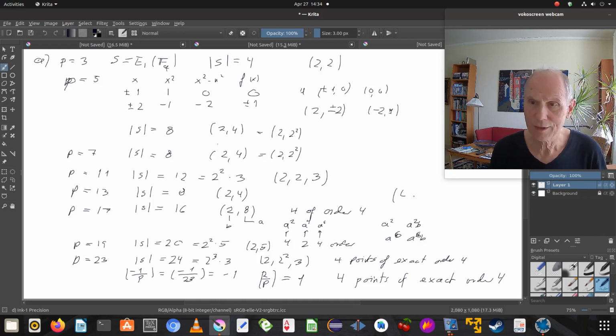I will write it the right way. That would give us 4 elements of exact order 2 and 16 elements of order 4. That must be it. Simple. I just didn't see it.